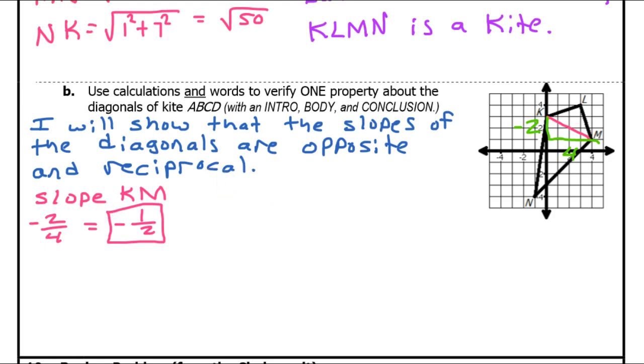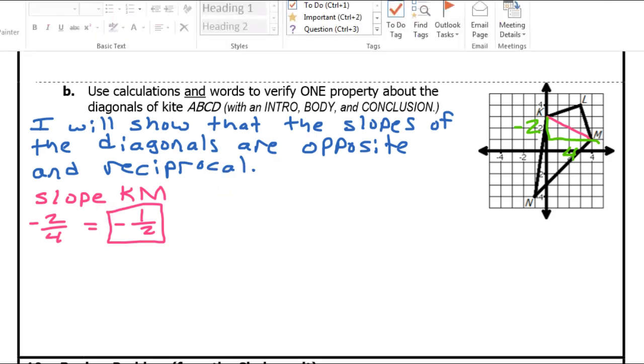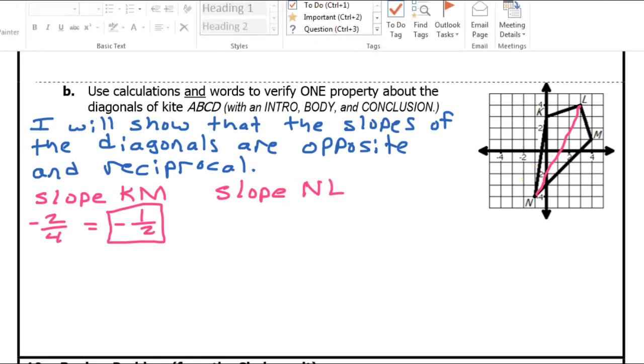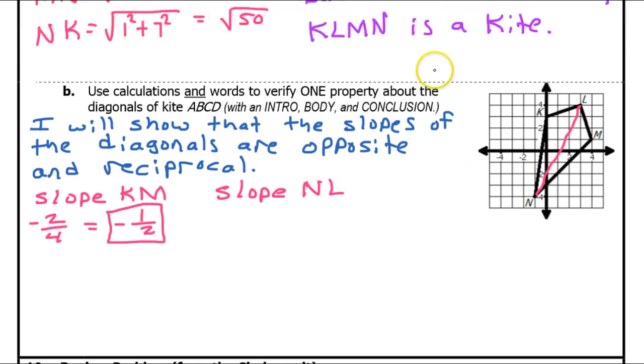Alright, now the other diagonal is LN, or NL. Okay, so here's the other diagonal. Okay, so let's find that slope. Alright, so let's talk rise and run.